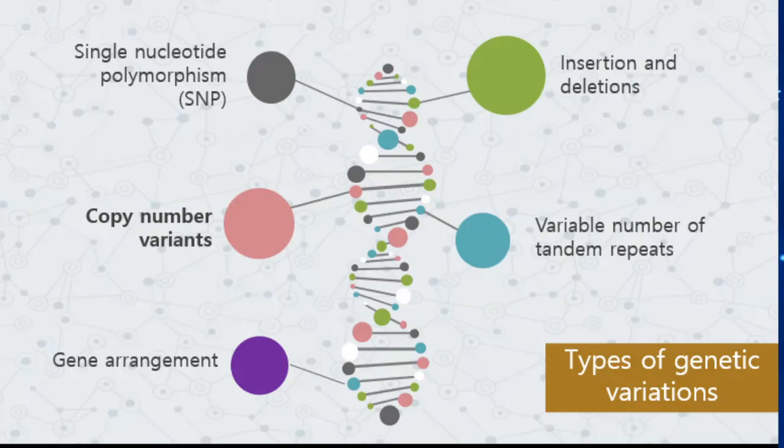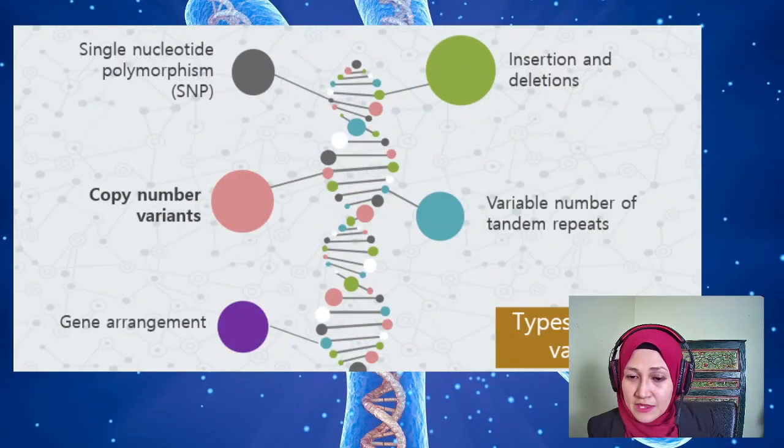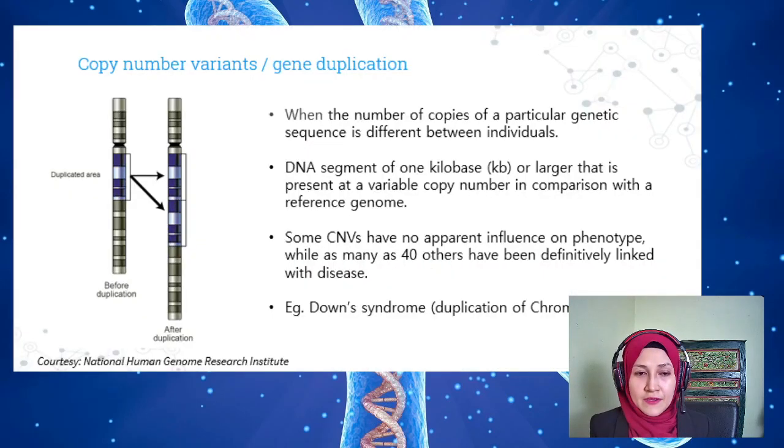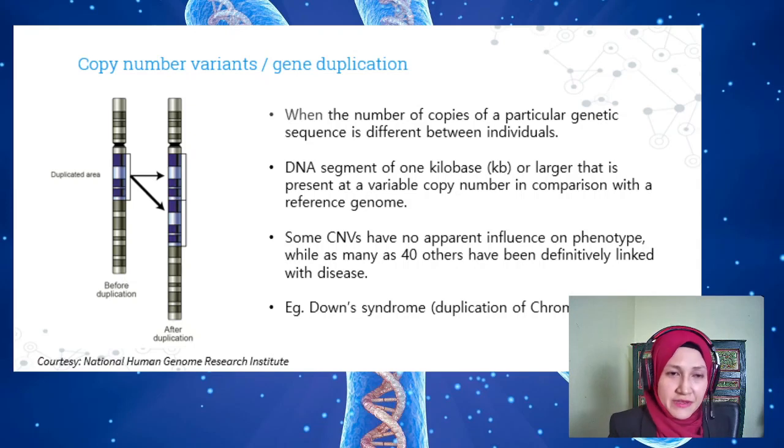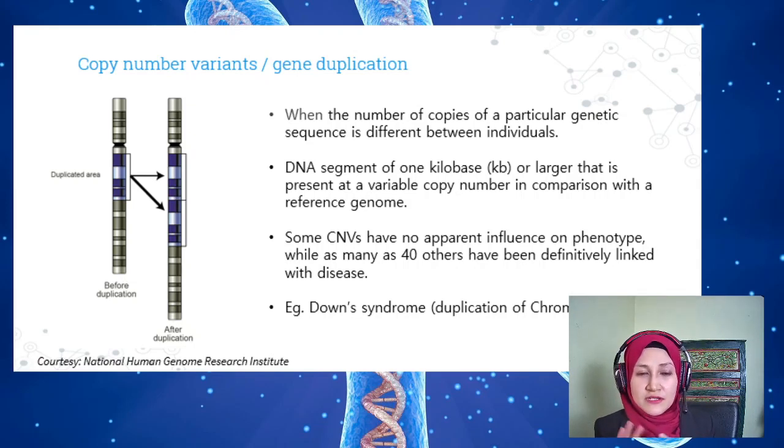Now we look at the third genetic variation, which is the copy number variation or gene duplication. It occurs when the number of copies of a particular genetic sequence is different from the reference genome.